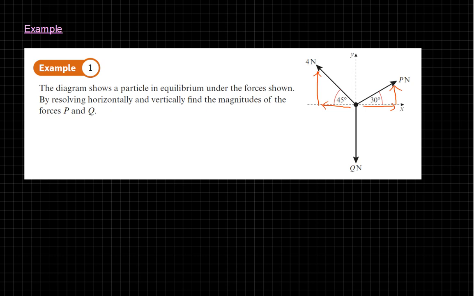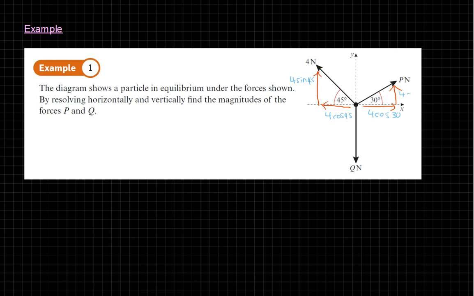Now let's label the magnitudes of each of these. So you're going to need to use a bit of trigonometry. So this one here is going to be 4 times cos 45, or sorry, sine 45. That's 4 cos 45. This force over here is 4 cos 30.